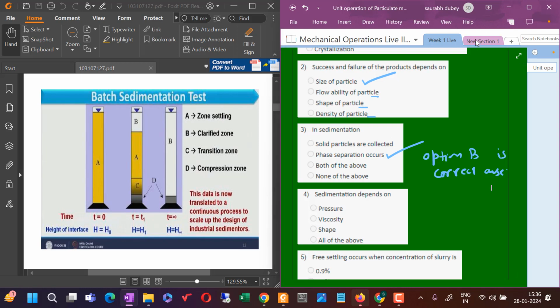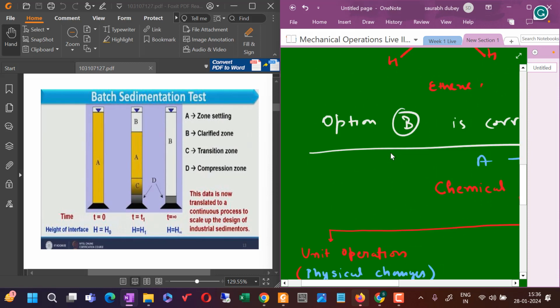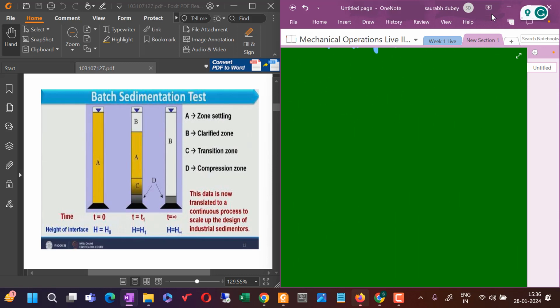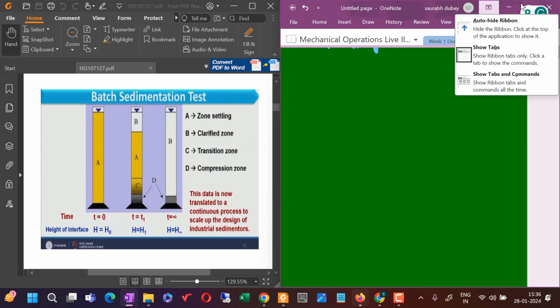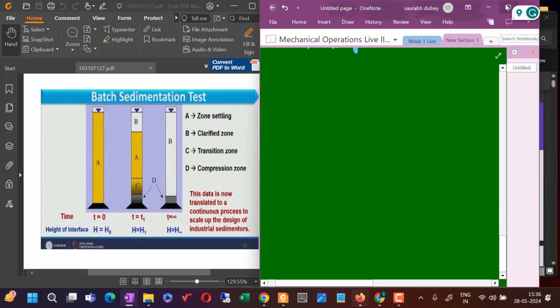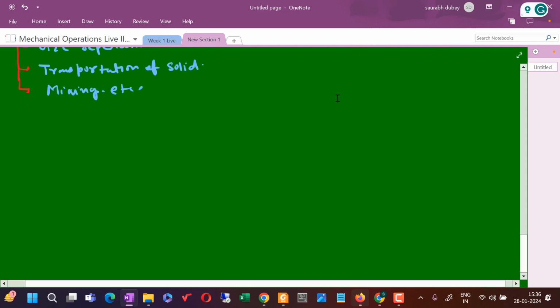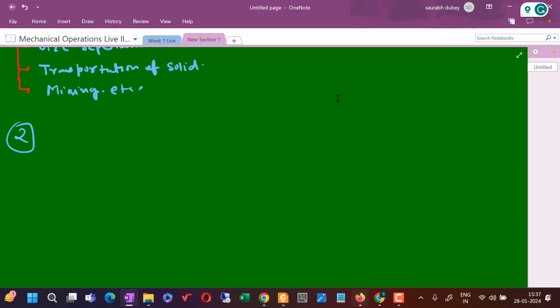So let me explain a bit more about question number 2, that will be handy to you. This question number 2 is the size of the particle.